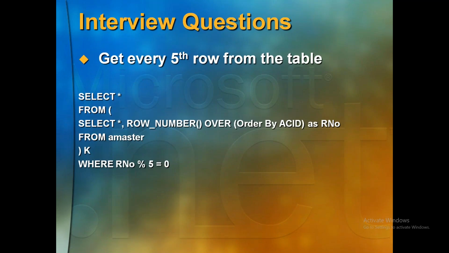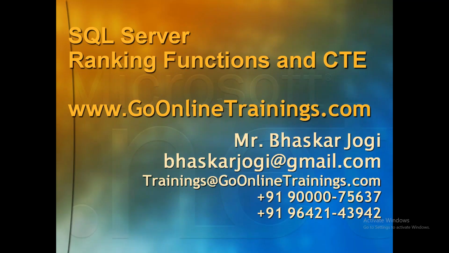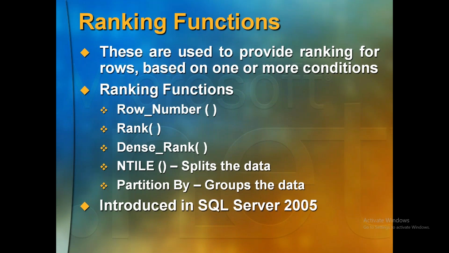Okay, so let us understand one by one. Clear? So what is a ranking function, how to use ranking functions, and what is a common table expression? These are the things we are discussing today, right?